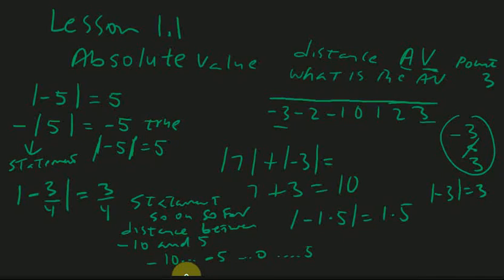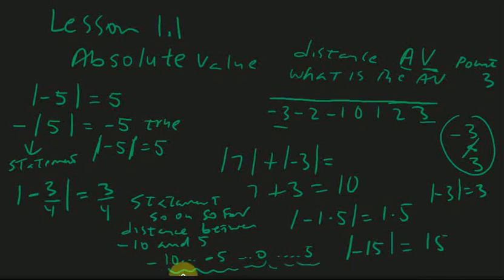So let's say this one is -10 and 5. What is the distance, right? So -10 to -5 is 5, -5 to 0 is another 5, and 0 to 5 is another 5. So the absolute value of -15 equals 15. This is how you write it, right? Starting at negative, going all the way to 5, so you did what?